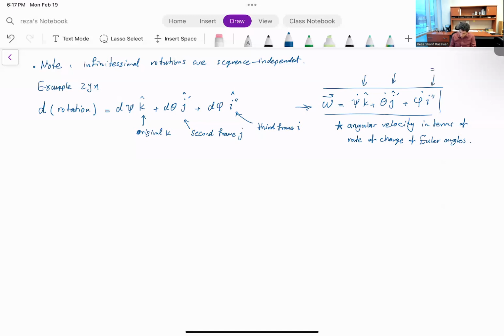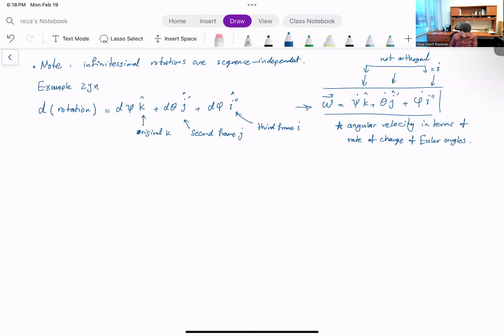This one is equal to my final I, but K and J are something that happened along the way. I don't really know. And to make things worse, these two are not orthogonal. So actually there is some contribution from this psi dot K in the final X direction and in other directions as well.